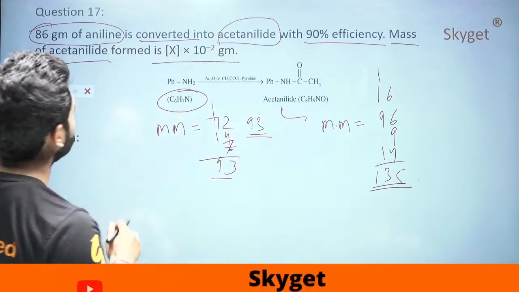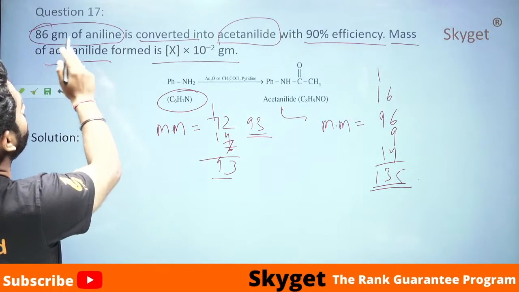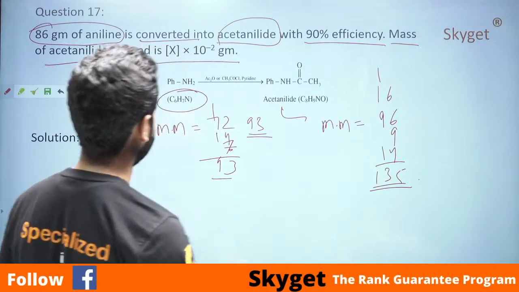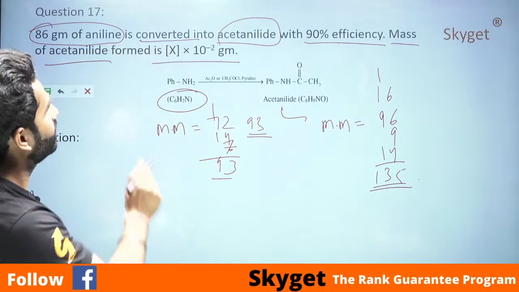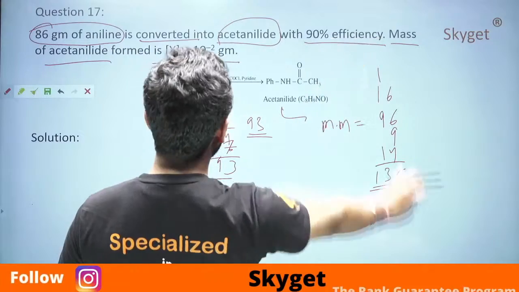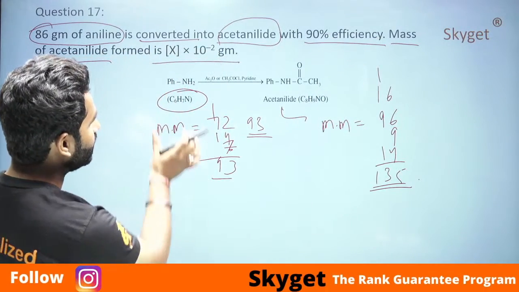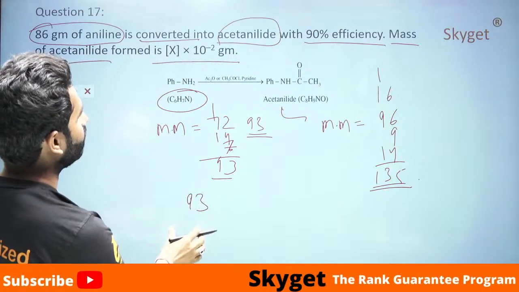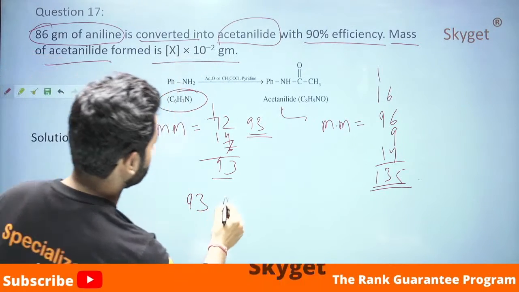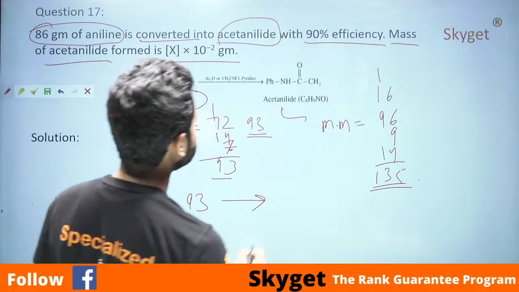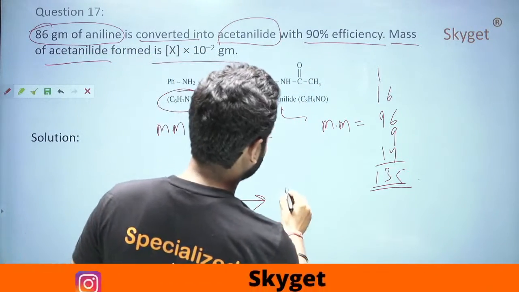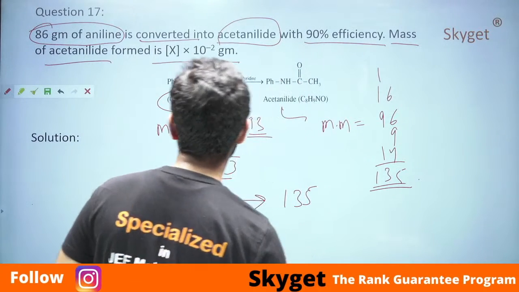Now the question says 86 gram of aniline is converted into acetanilide with 90% efficiency. So let's approach this question. According to the reaction, 93 gram of aniline is converted into acetanilide with the weight of 135 gram.